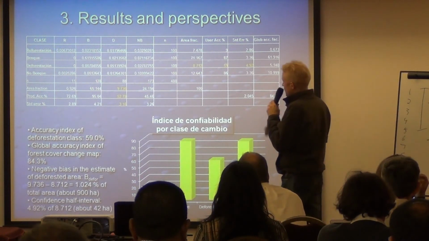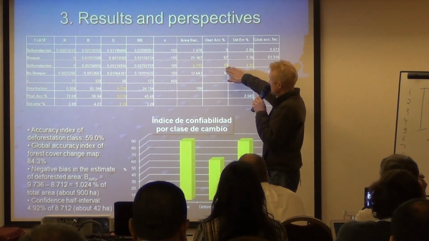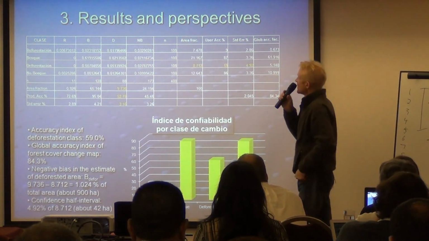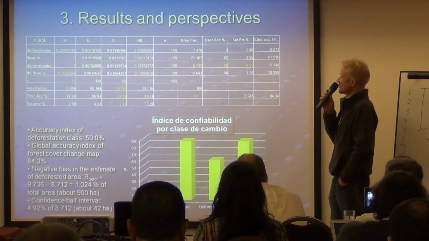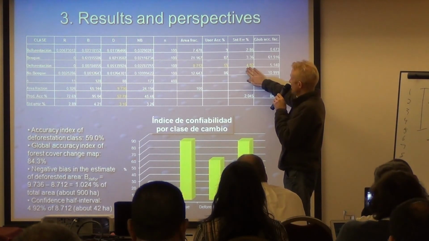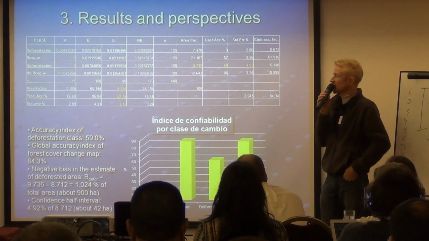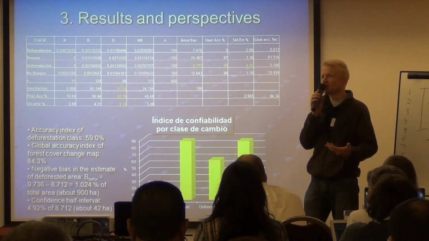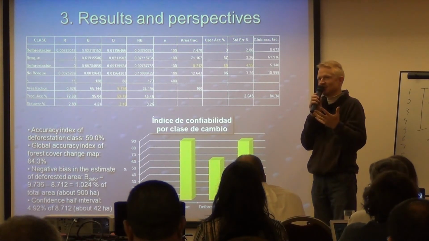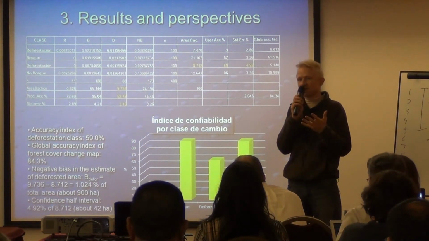Another figure that we could look at is the confidence half interval of these accuracy indices. For example, 59% would be the accuracy index of the deforestation class, and this would be more or less 4.92%. Now, I wonder if this can translate into a confidence interval in terms of surface.